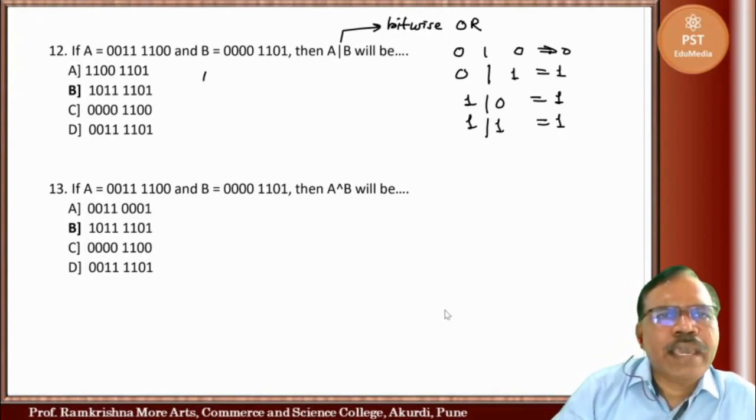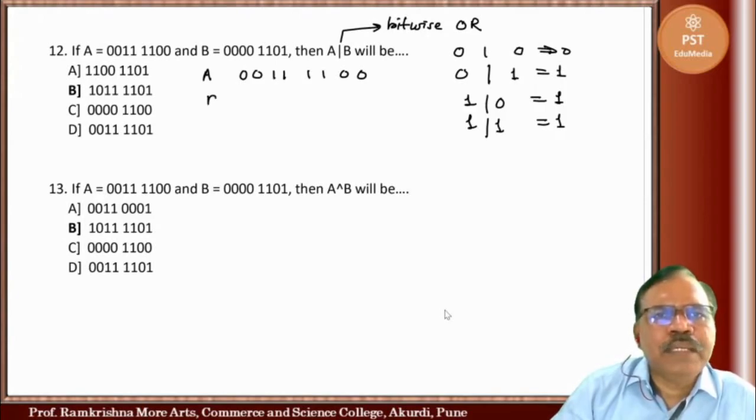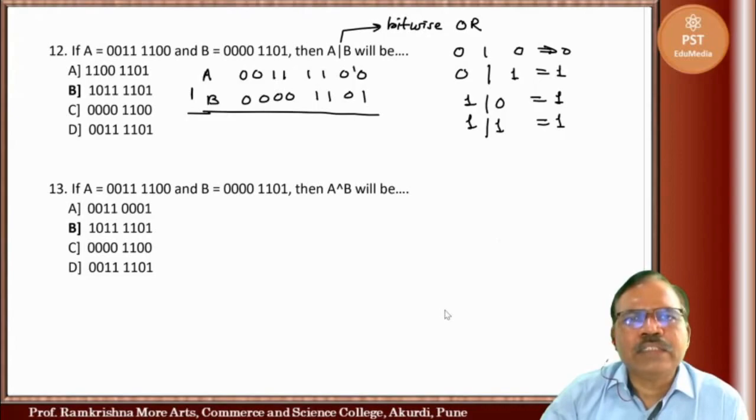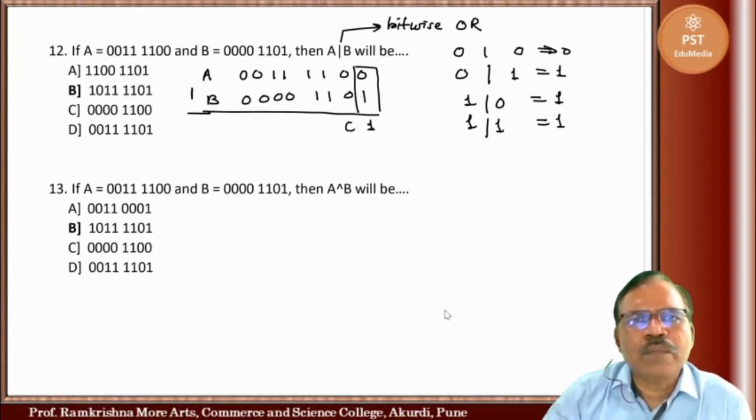So here now A is 0, 0, 1, 1, 1, 1, 0, 0. And B is 0, 0, 0, 0, 1, 1, 0, 1. Now we have to operate the OR operator, bitwise OR. So if we take the first one, 0, 1 will be 1. Then 0, 0 will be 0.